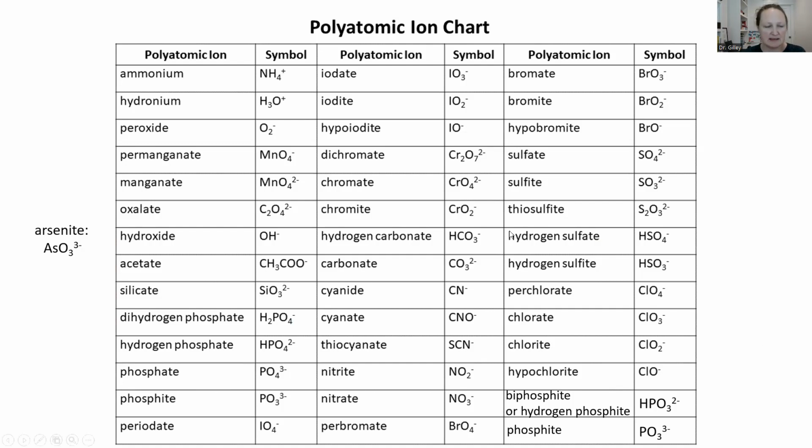For example, arsenite is needed in the activity, and that's kind of a difficult one to find. So I wanted to make sure to include that, as well as biphosphite and phosphite. Those are needed, I believe, as well. So I wanted to make sure you had this really comprehensive list.